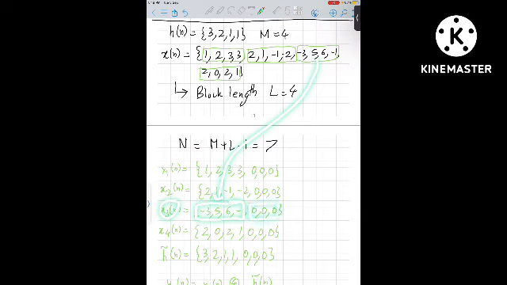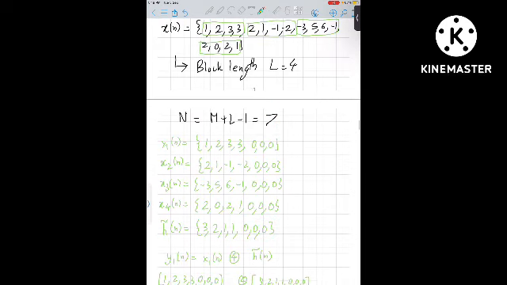Now what do you need to do? First you find y1 of n, which is x1 of n 4-point convolution with h tilde of n. So what is it? 1, 2, 3, 3, 0, 0, 0 and 3, 2, 1, 1, 0, 0, 0.